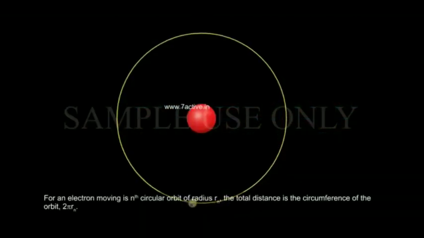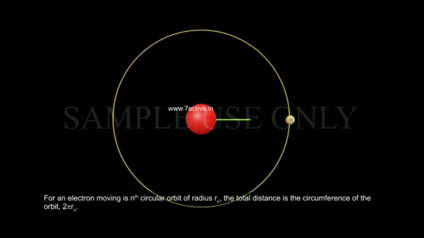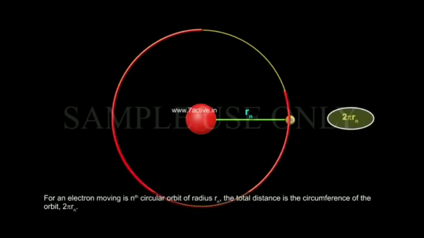For an electron moving in its nth circular orbit of radius Rn, the total distance is the circumference of the orbit, 2πRn.